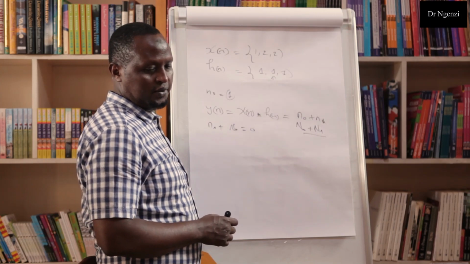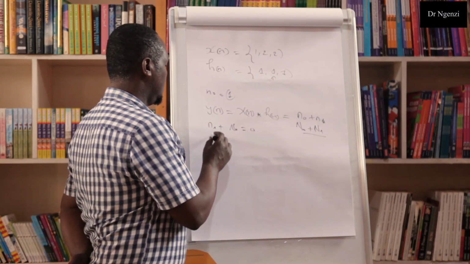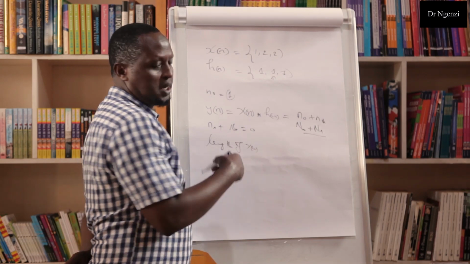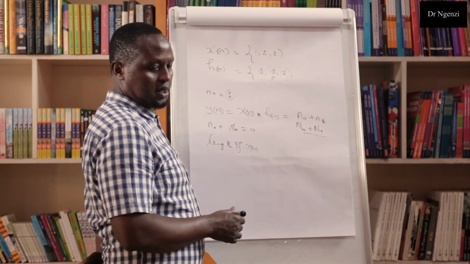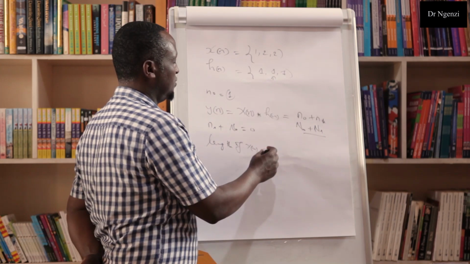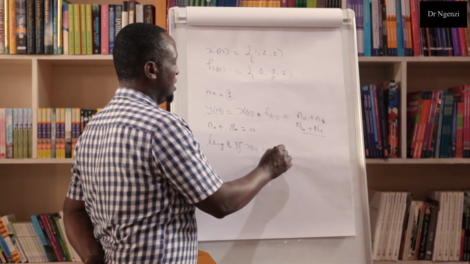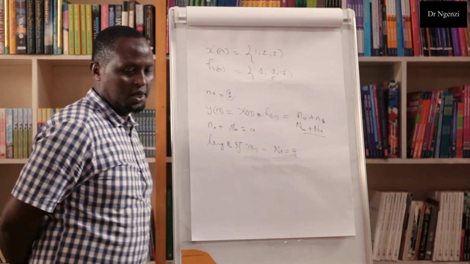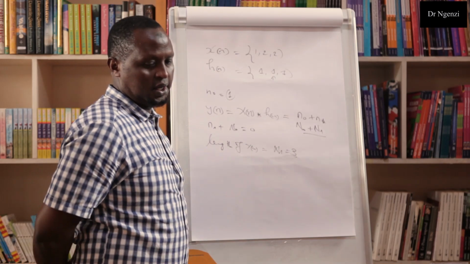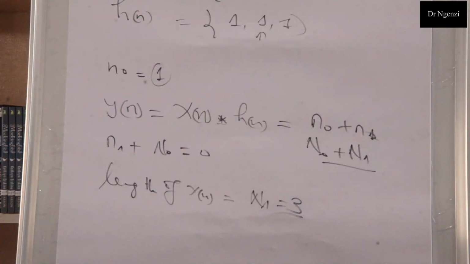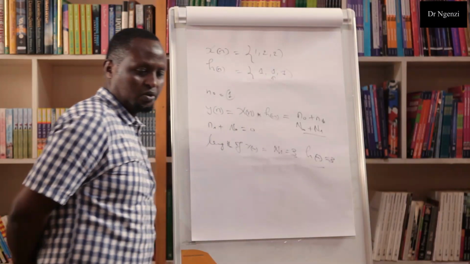You can also have the length of x of n, which can be any number. For example, if you add those ones, you can get n at n1, which is equal to 3. For example, the starting value, which is a response time, which means h of n is going to be 3. For example, here it corresponds to n of 1.